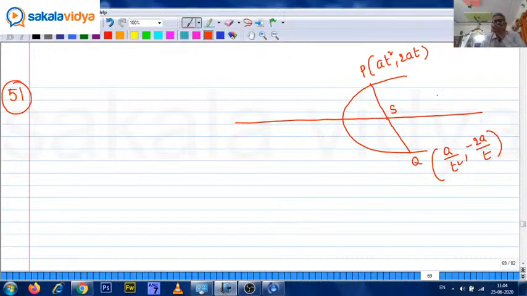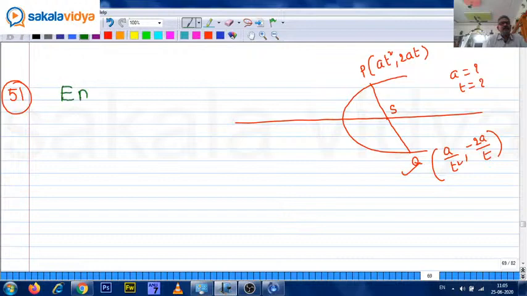That means if you are able to find the a value and t value, Q can be determined. So now write down.